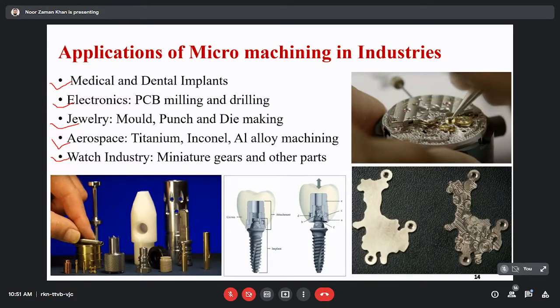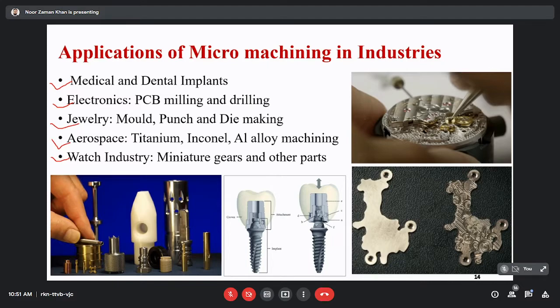Therefore, the components of various repair and pain relief devices should be as small as feasible. Physicians also look for devices that are less intrusive so that there is low probability of infection in the body and faster healing. That's why we require micro components in medical industries or implants.